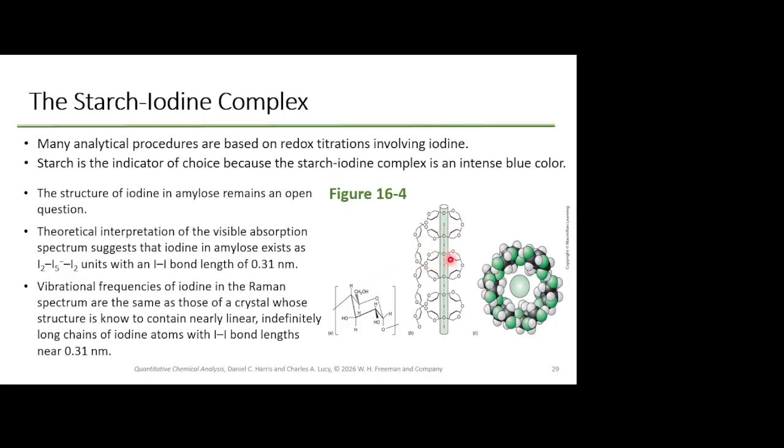People are not entirely sure what that structure is. The theoretical interpretation of the visible absorption spectrum suggests that the iodine-amylose exists in these forms, which is an I2 bonded to an I5 minus bonded to an I2, with an I-I bond length of 0.31 nanometers. It probably looks something like that, with the iodines packed in between the amylose structure. Anyways.